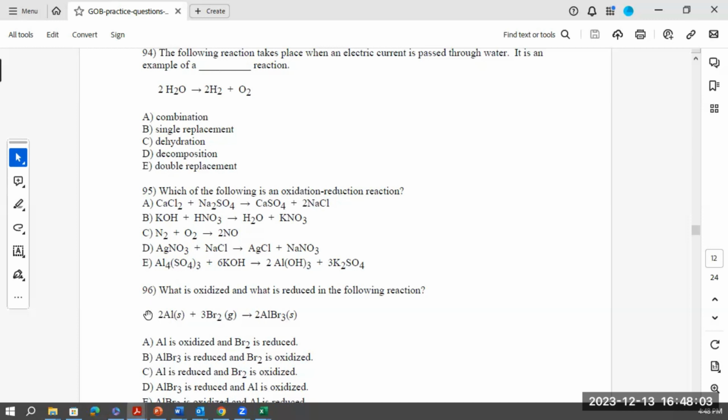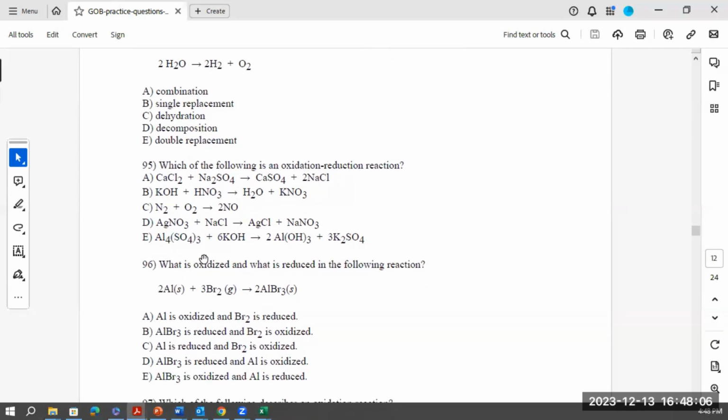Okay. So here would be an example, right? Is this an oxidation reaction? You're going from a metal to an ionic compound. So that would be the first sign that it's an oxidation reaction.